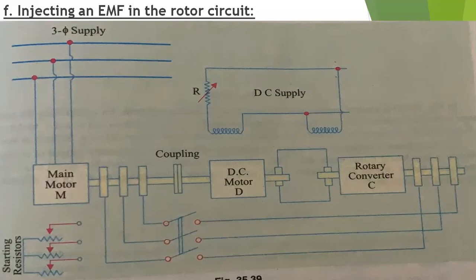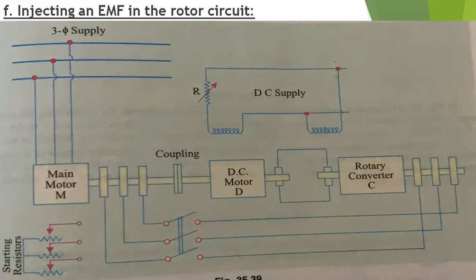There is another advantage also. If the rotary converter is overexcited, it will take a leading current. This compensates the lagging current drawn by the main motor, so the power factor will be improved, and power factor improvement means efficiency will be improved.